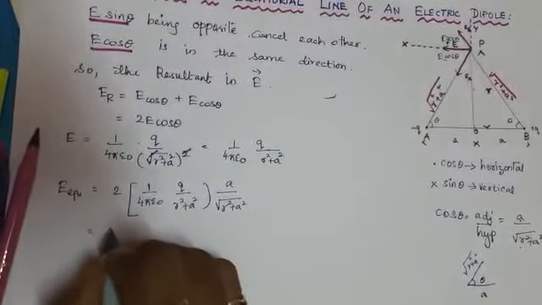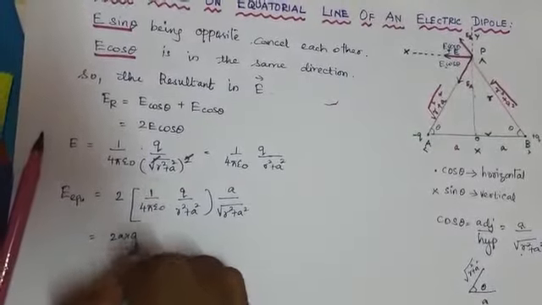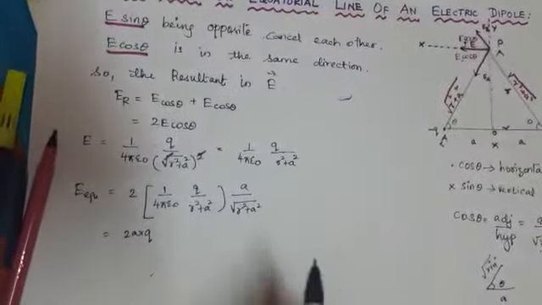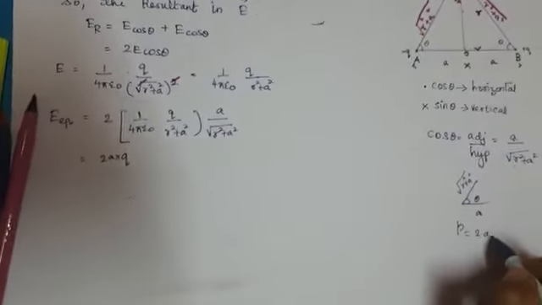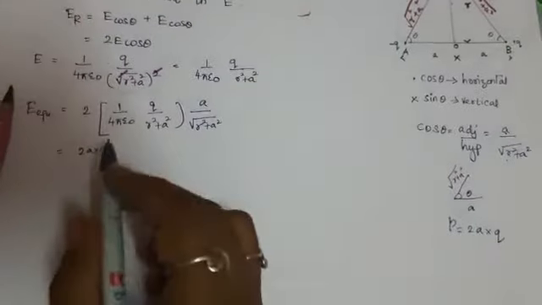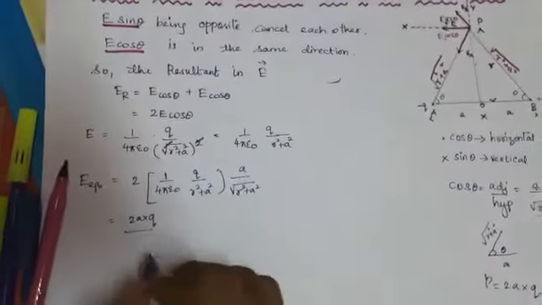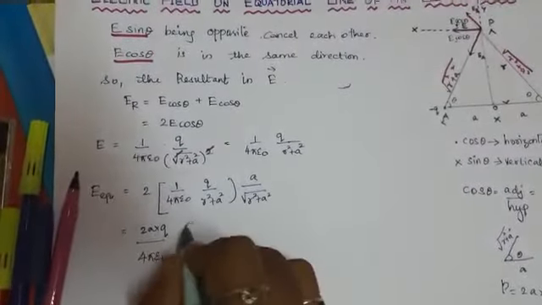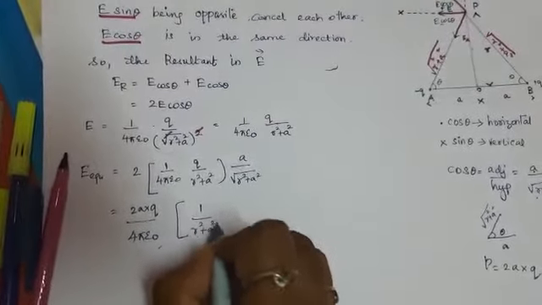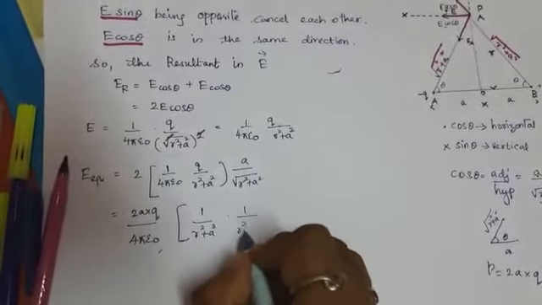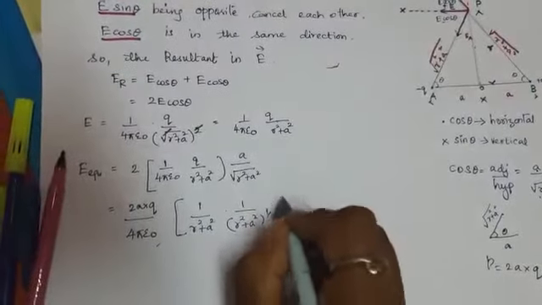Next step, I am going to take this 2a into q as a dipole moment. P is equal to, what is the formula we know for the dipole moment? We can take that P equals 2a into q, right? So I am going to take this 2a into q by 4 pi epsilon naught into, remaining would be 1 by r square plus a square into 1 by r square plus a square to the power of 1 by 2 here.